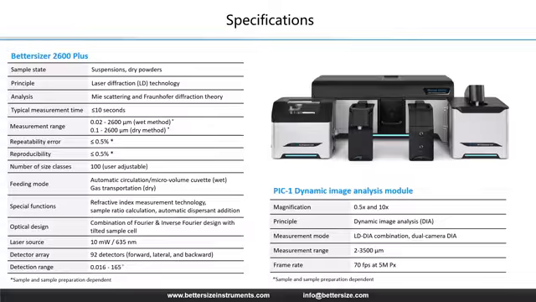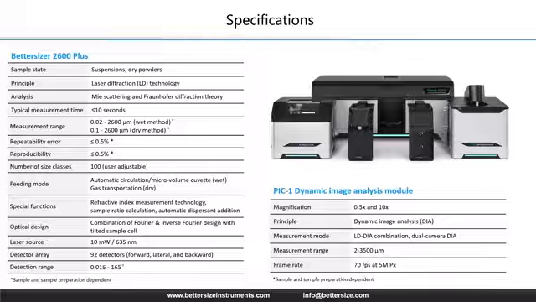Here are the detailed specifications of the system. The BetterSizer 2600 Plus covers a measurement range from 0.02 to 2,600 microns with excellent repeatability of less than 0.5%. It utilizes a patented optical design that combines Fourier and inverse Fourier setups with a tilted sample cell to ensure high accuracy.